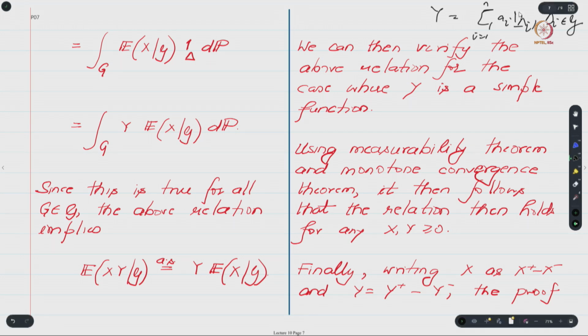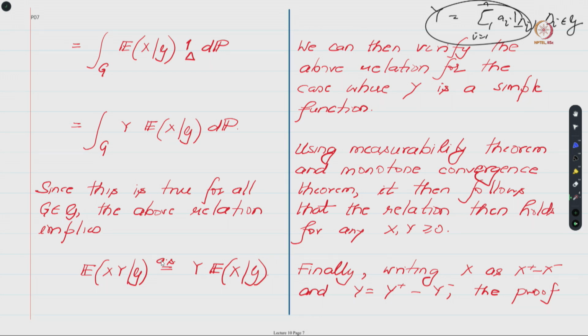So if y had this form, then one can conclude that such a relation also exists just by following the same proof, right.